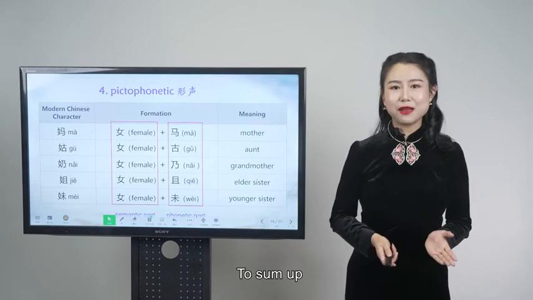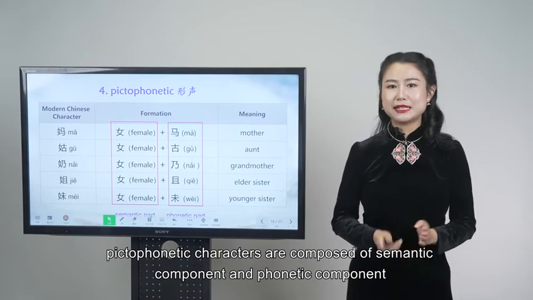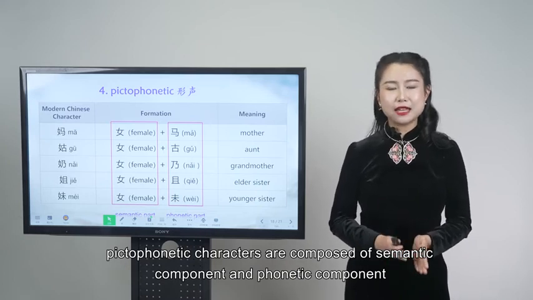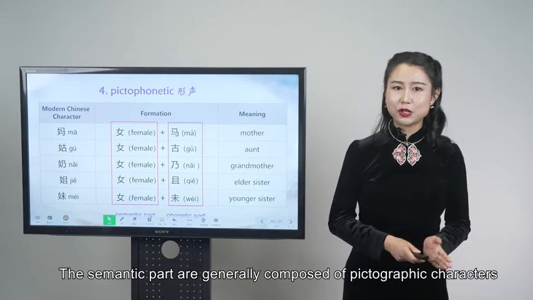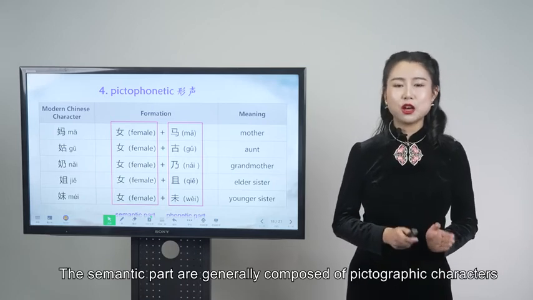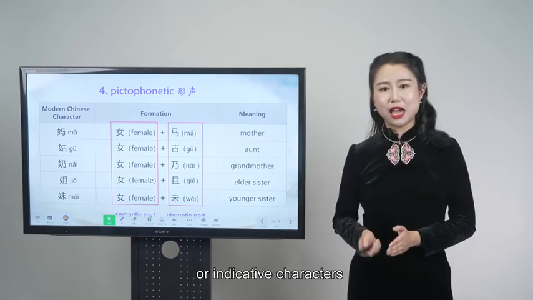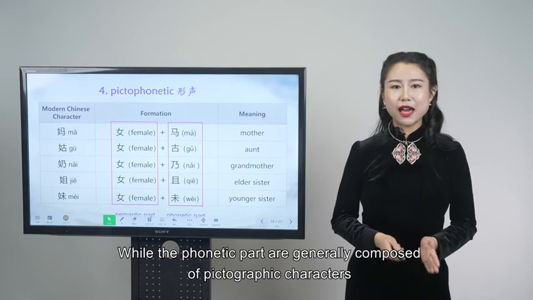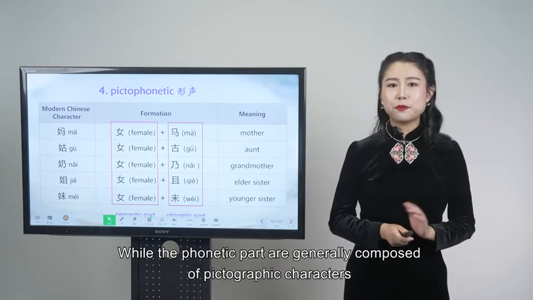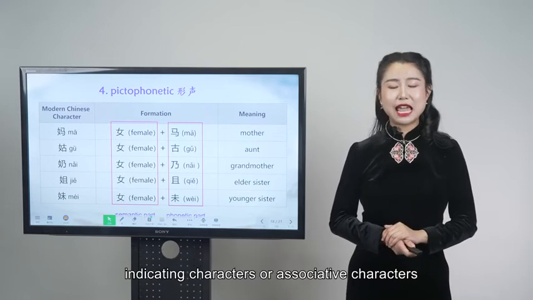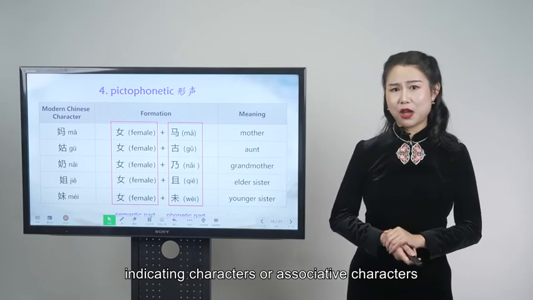So, to sum up, picto-phonetic characters are composed of semantic components and phonetic components. The semantic parts are generally composed of pictographic characters or indicative characters, while the phonetic parts are generally composed of pictographic characters, indicative characters or associative characters.